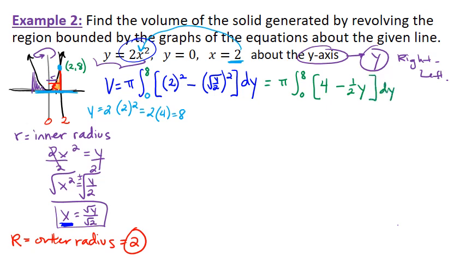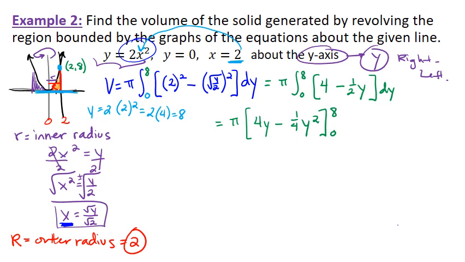And now I can integrate all of this. When I integrate this, I have pi times 4y minus 1/4 y squared, evaluated from 0 to 8.